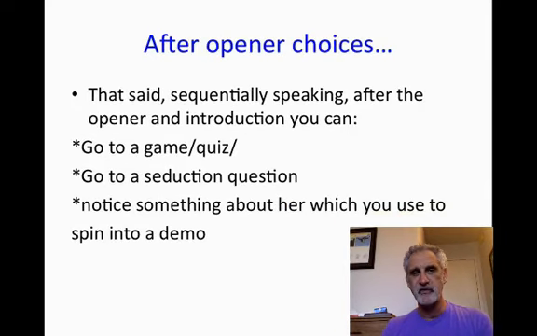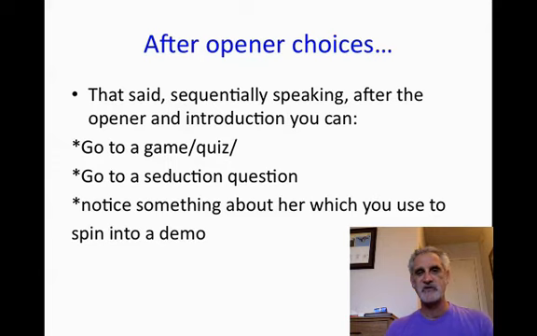So after the openers, let's say we've got that down. Sequentially, here's what you can do. You can go to a game or a quiz, which is what you've been doing. From that game or quiz, depending on how she responds, if she responds well, you can talk about the theme that that game or quiz brings up. For example, if you're doing twin brothers and you go through that, you can say, you know, I think you learn so much about people by learning how they connect deeply with their desires, Debbie.